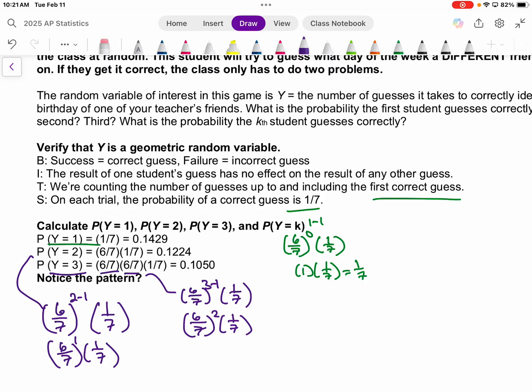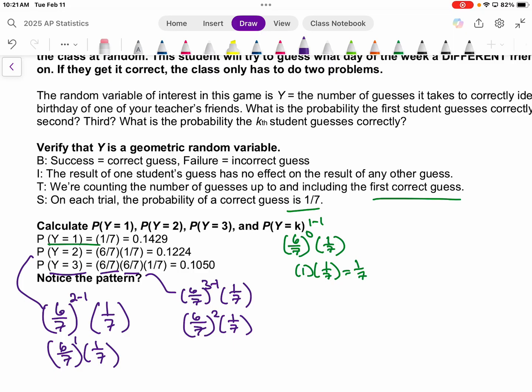Okay, so do we notice a pattern? For each additional guess it takes, what am I putting onto the previous formula? Another 6/7. We're just adding an additional 6/7 to the previous formula. As my number of trials increases until I get a correct guess, I'm just multiplying in another failure percentage.